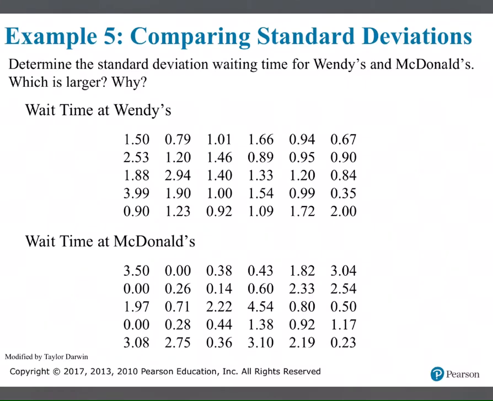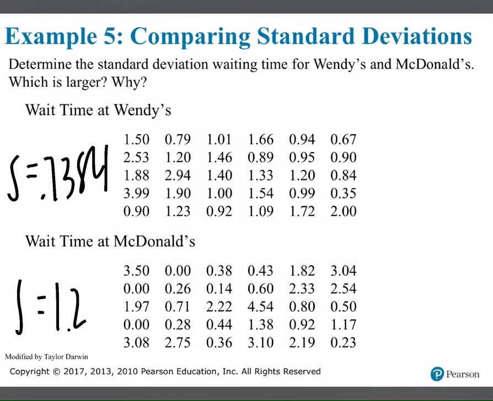All right, so I'm just going to give you this information because this would be a lot if I asked you to do this. The wait time at Wendy's, if I were to do the standard deviation, is 0.7384. And then at McDonald's is 1.2649.